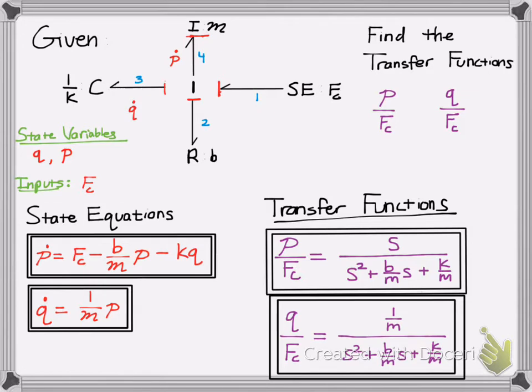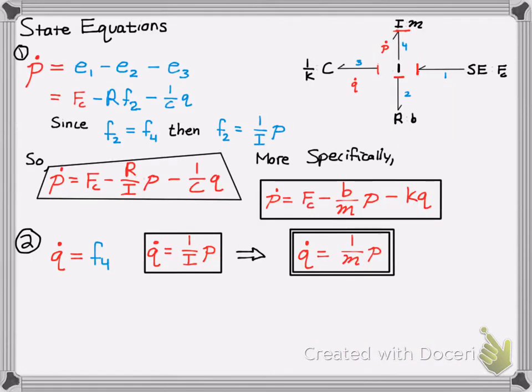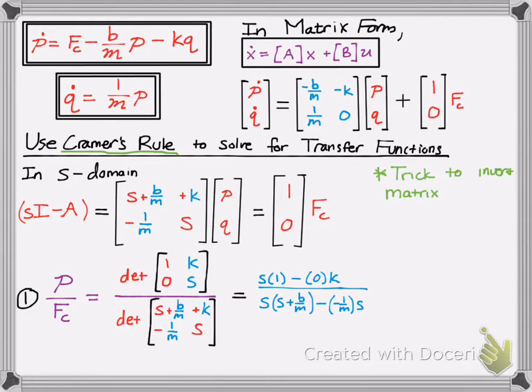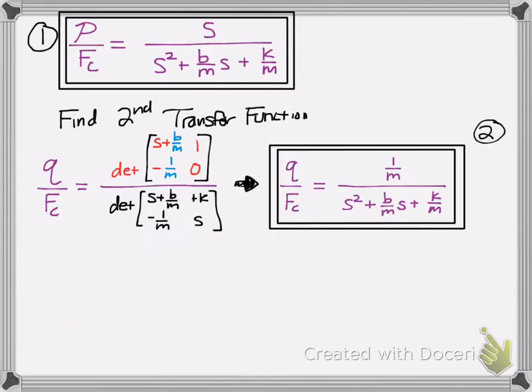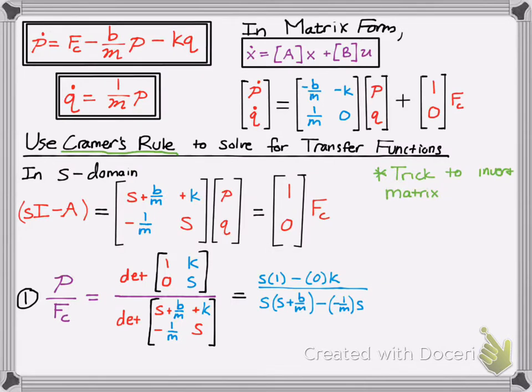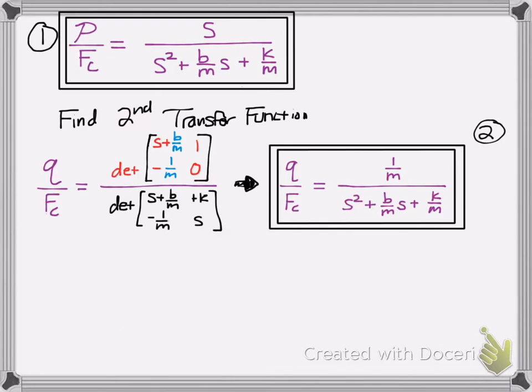Then, when you have your state equations, which you know how to derive from the bond graph, you can put them in matrix form and use Cramer's rule to solve directly for the transfer functions. We use Cramer's rule because it's an easier trick than inverting the matrix for more complicated systems.